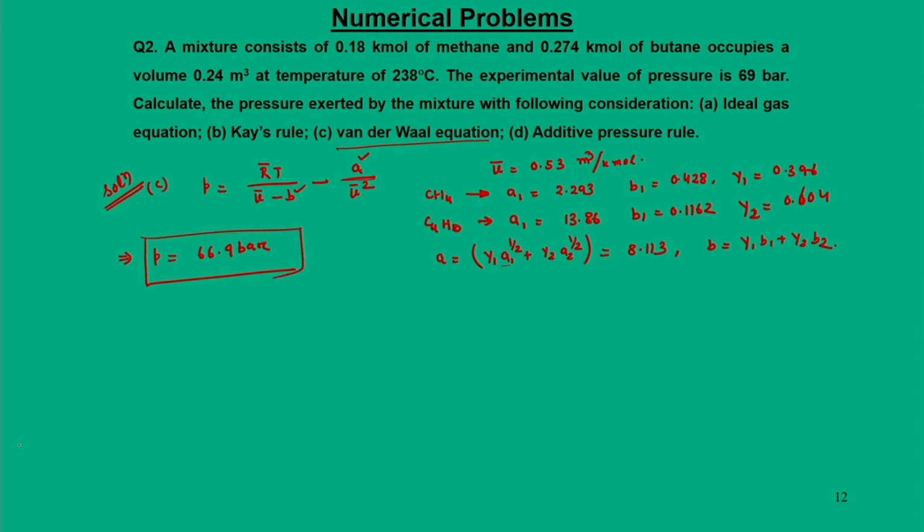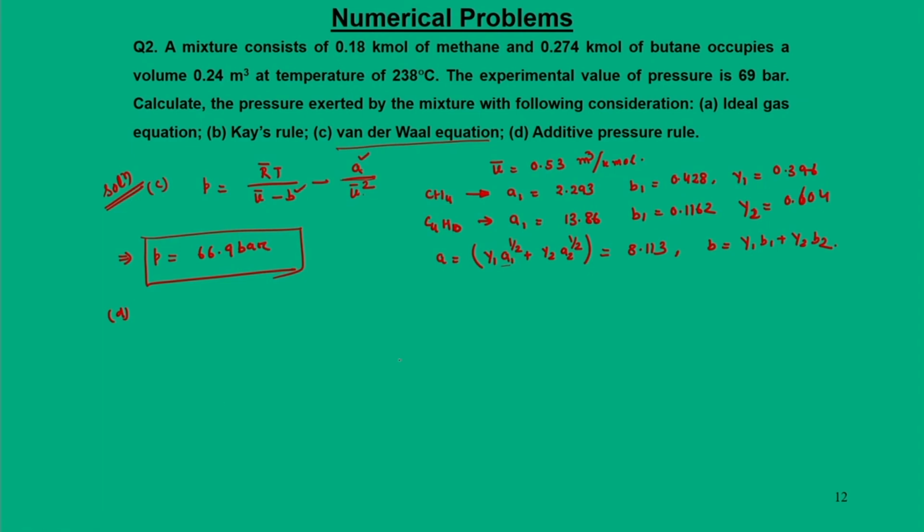Okay. And the last one is the additive pressure rule. Now, the additive pressure rule says that we have to treat each mixture component as an individual component, calculate its critical values, then correspondingly find its compressibility factor, and then calculate the effective compressibility factor.